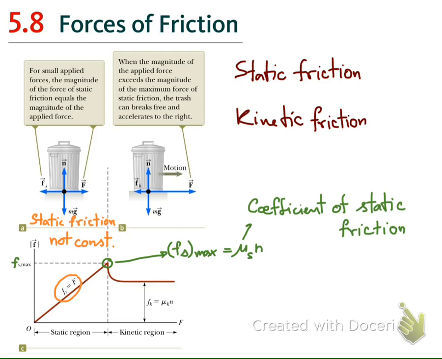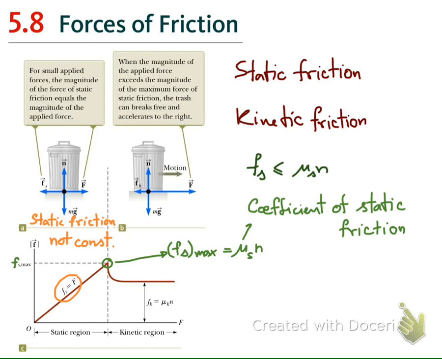From this graph we can see that in general we always have that the static friction is less than or equal to mu s N. The maximum value of the static friction is mu s N, but it is always less than mu s N or just equal to mu s N at its maximum value.